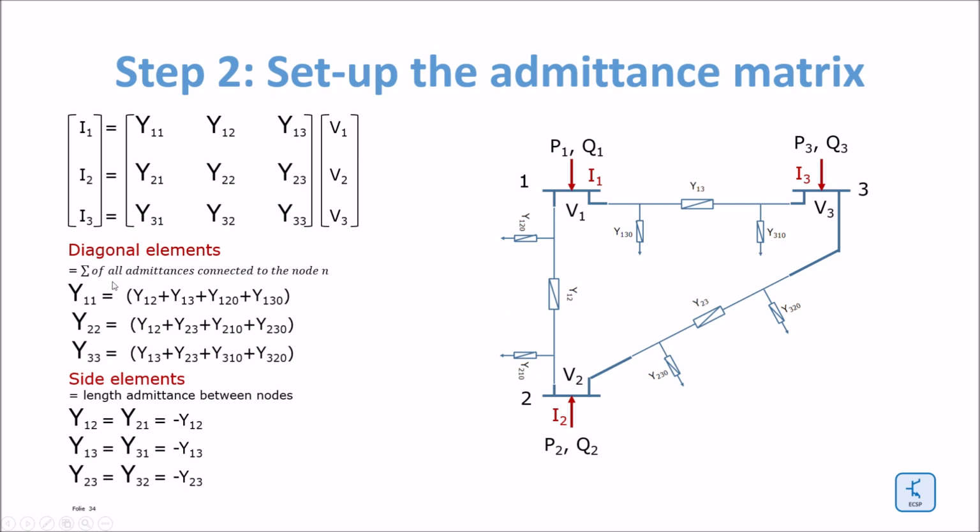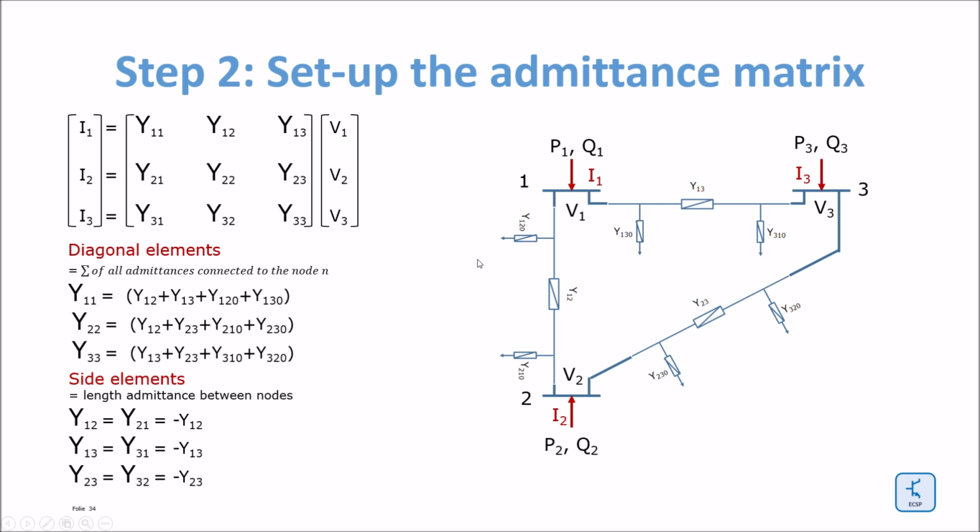This is what you see here. And the side elements are always minus the link admittances of the lines. So Y12, Y13, and important, minus. So this minus sign is very important. And you can always see that Y21 is normally equal to Y12. There are very few exceptions.